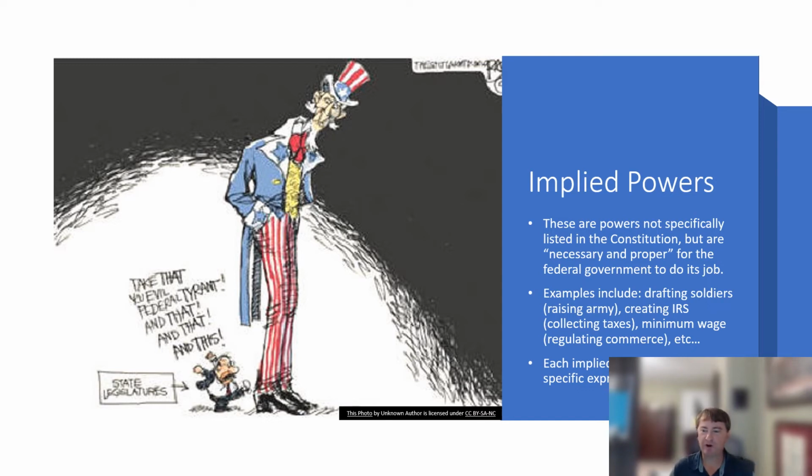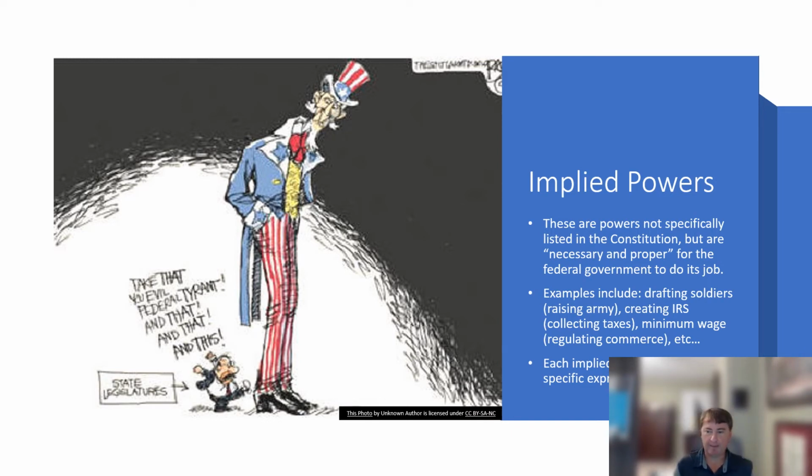These are powers that are not specifically listed in the Constitution, but are necessary and proper, is what the Constitution says, for the federal government to do its job. So basically, the framers of the Constitution gave the federal government an out. They said, we're going to list specific powers that you have, but we're also going to say that the government has to be able to do things that are necessary and proper. And because they have to be able to do those things, the federal government can imply certain powers.